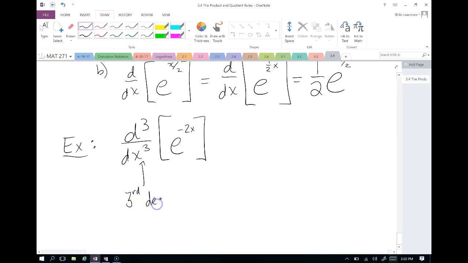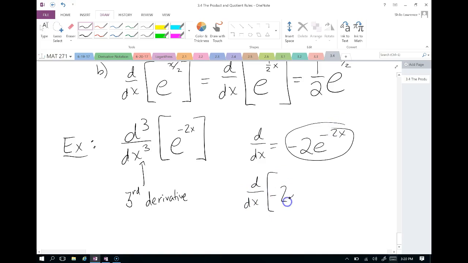That means we need to apply our derivative rules 3 times, but we can't just jump straight to the third derivative. We need to do the first derivative and the second derivative first. So our first derivative is negative 2 e to the negative 2x. And then we'll take that answer and find the derivative again.